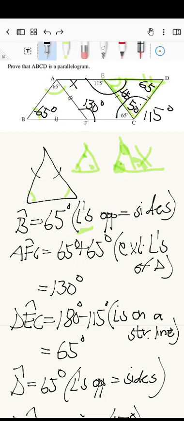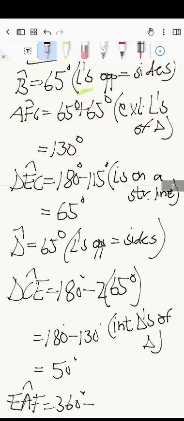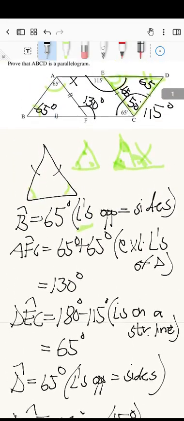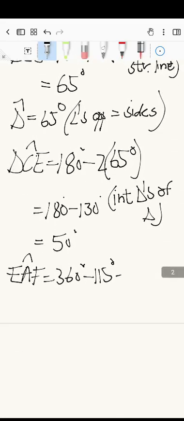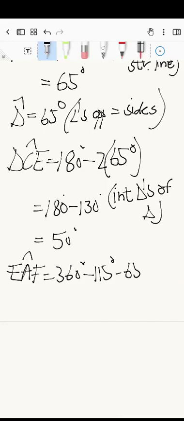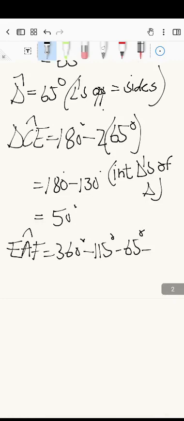So let's write some of that down. We'll say that is EAF, angle EAF is going to be 360 degrees minus, let's look at the other angles, 115 minus, I think the other one was 65 degrees, and minus the other one was 130 degrees.